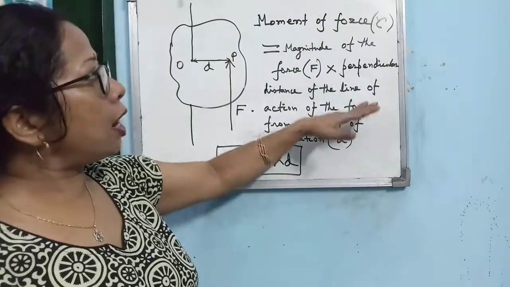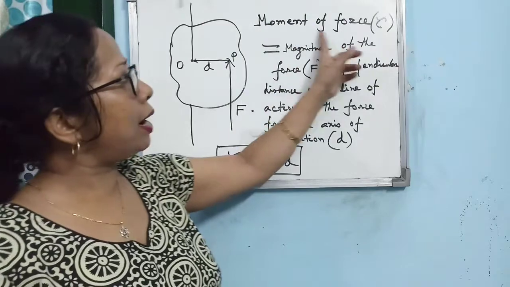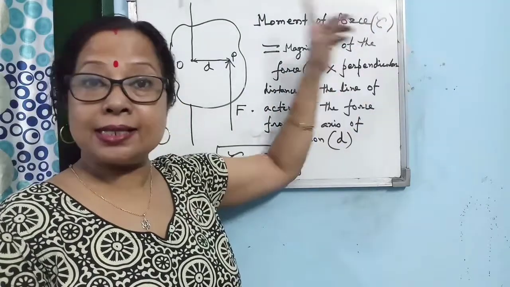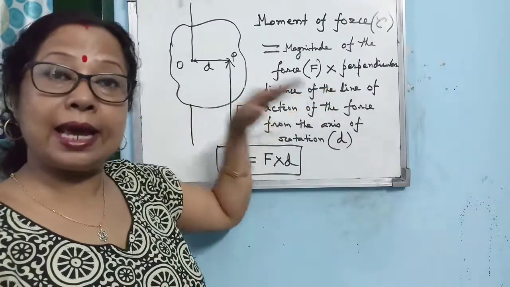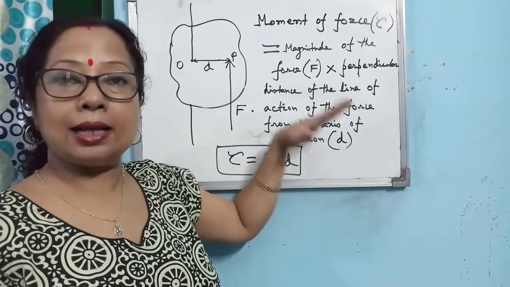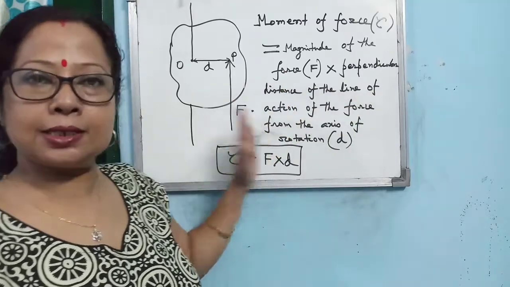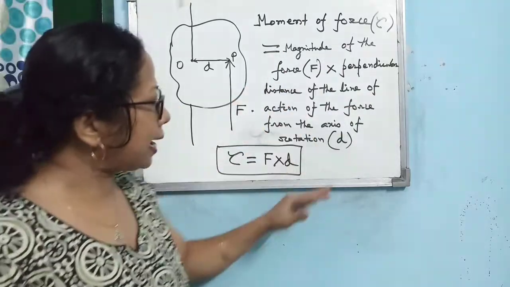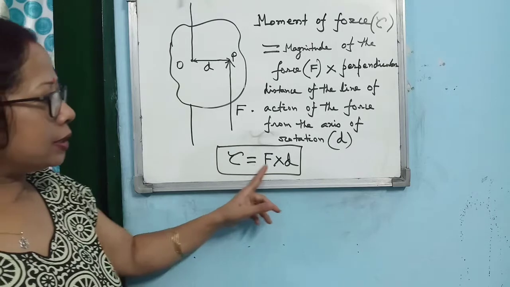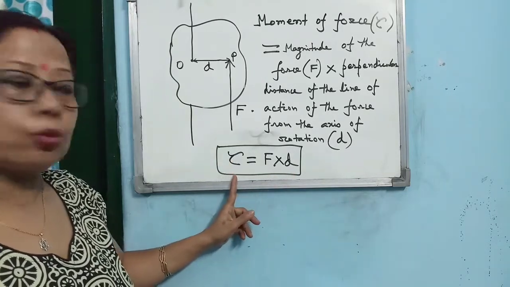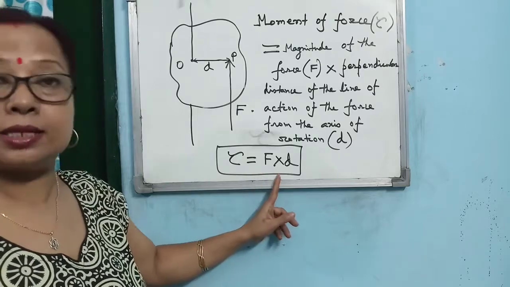Okay. You see how I have written the term name, I have written moment of force, then within bracket I have written the symbol. Exactly you must do the same while writing the answer or while taking the notes from the lecture. Is that clear? So that in the next step when you are writing that tau is equal to F into D, it is clear what does tau represent, what does F represent, what does D represent.